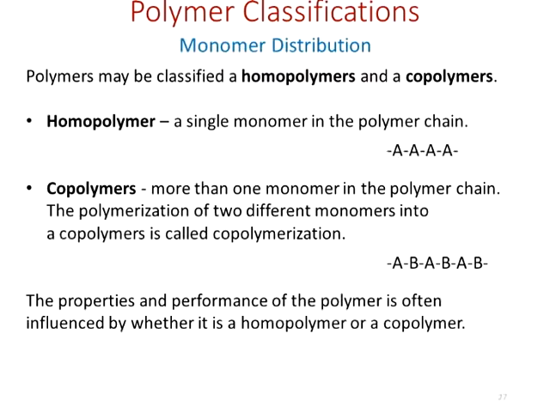Now, the properties and performance of the polymer are often influenced by whether it is a homopolymer or a copolymer. What polymer chemists have learned to do is how to choose whether it should be a homopolymer or a copolymer. There's a lot of science that goes into that, some of which will be taught in this short course. So homopolymers and copolymers are an important feature.